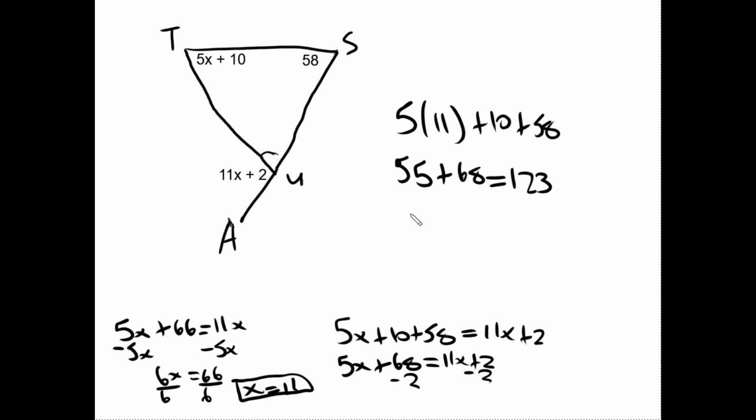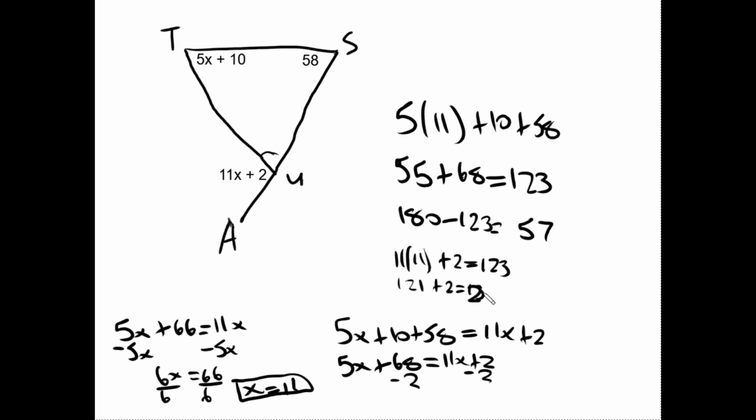So to figure out this missing angle, we get 180 minus 123 equals 57. To check it, we do 11 times 11 plus 2, which also equals 123, so 121 plus 2 equals 123.